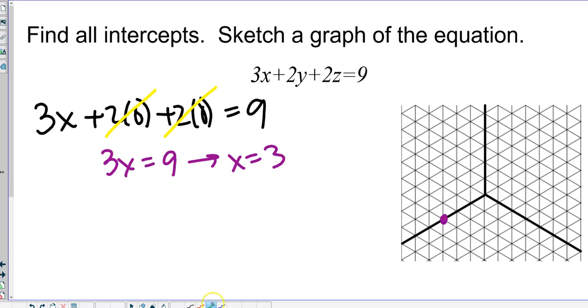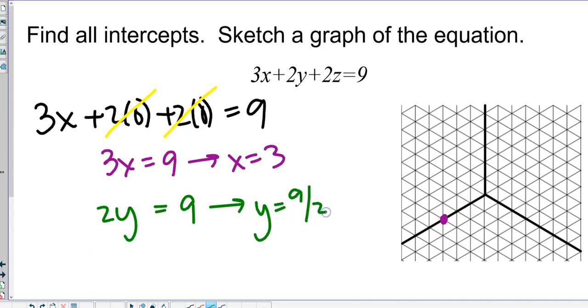Let's do the same thing for the y's. Again, basically the x's and the z's are going to go away. Do you agree with that? So I end up just getting 2y equals 9. So what would y be here? Yeah, 9 over 2, 4.5, however you want to think of it.